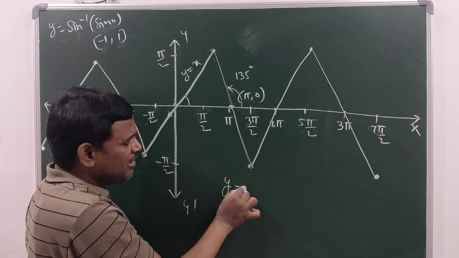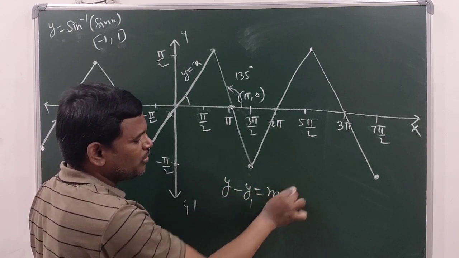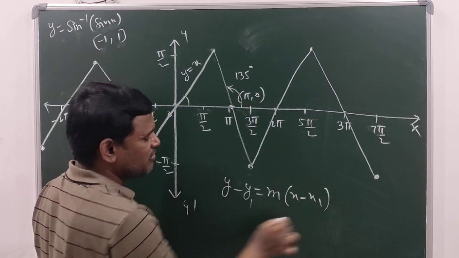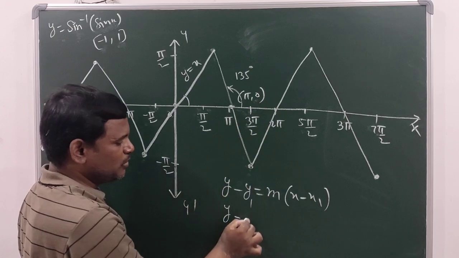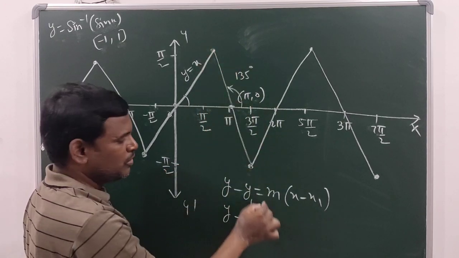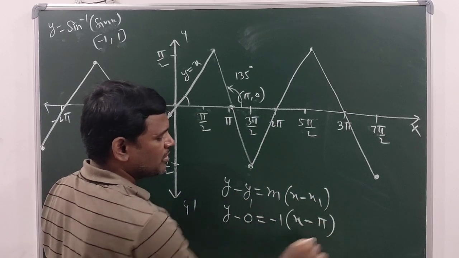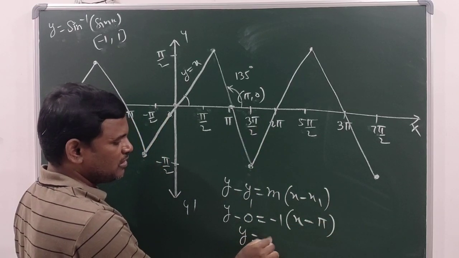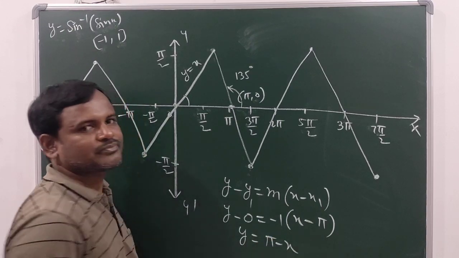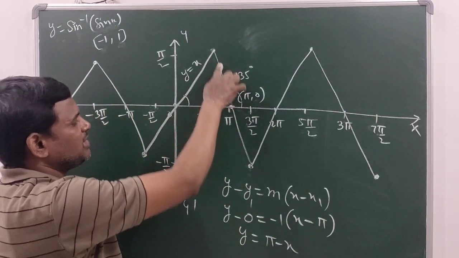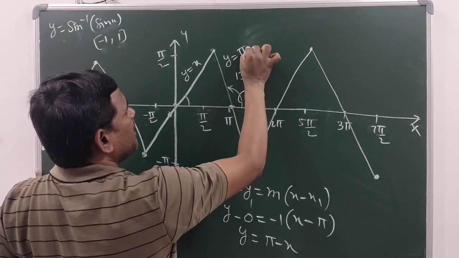Then apply the point-slope form of a line equation: y minus y1 equals m into x minus x1. Here y1 is 0, m is minus 1, and x1 is pi. Now simplify this. On simplifying, you will get pi minus x. So what is this line's equation? y equal to pi minus x.